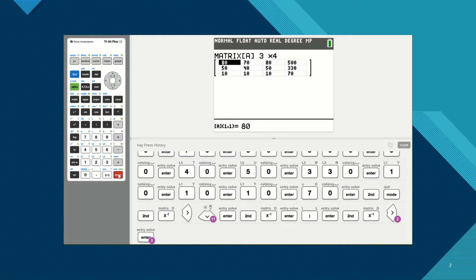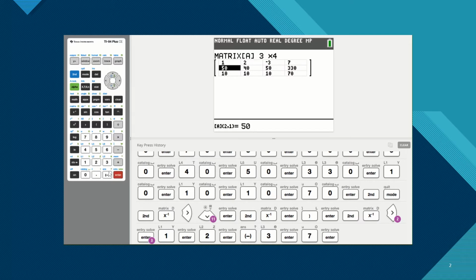And now I'm going to enter in the coefficients of each equation. So we have 1, 2, negative 3, and 7.